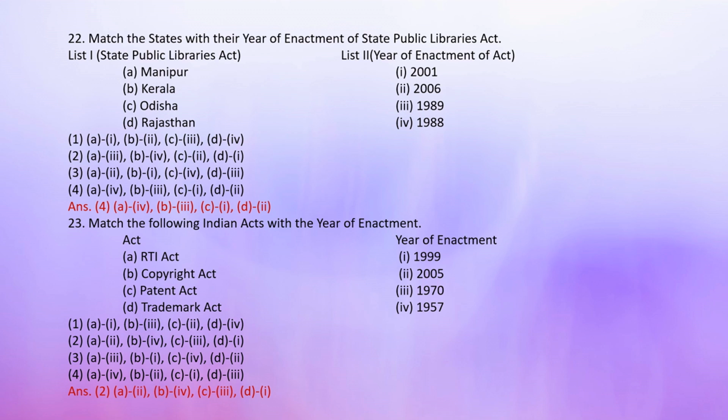And correct answer is 2, means A. RTI Act goes on 2005, B. Copyright Act goes on 1957, C. Patent Act goes on 1970, and D. Trademark Act goes on 1999.